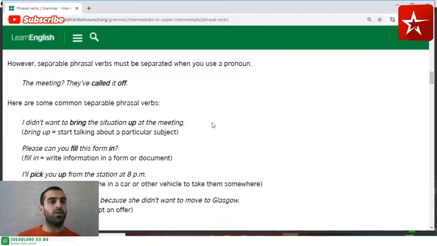However, separable phrasal verbs must be separated when you use a pronoun. For example, the meeting, they've called it off. If we use a pronoun, we must separate the phrasal verb, okay?